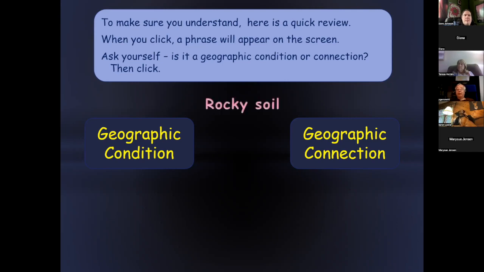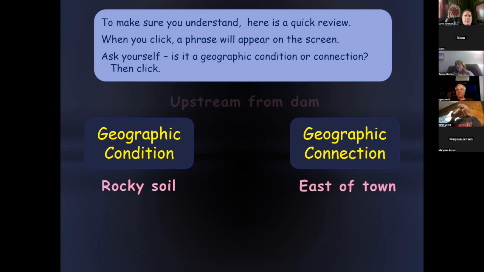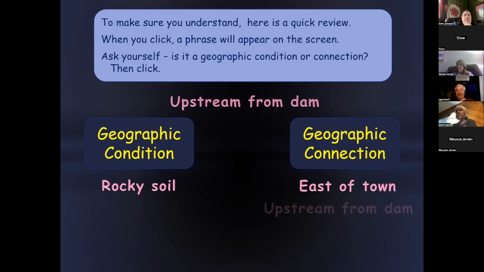So if I say rocky soil, is that a condition or a connection? And then it'll tell you, okay, it's a condition. East of town, is that a condition or a connection? How about being upstream from the dam? Or worse yet, if you're in Midland, downstream from the dam.